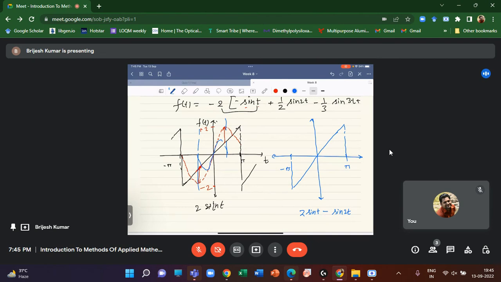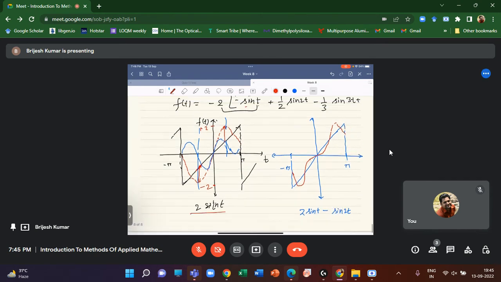Now if we subtract this curve from this curve, it will come like that.